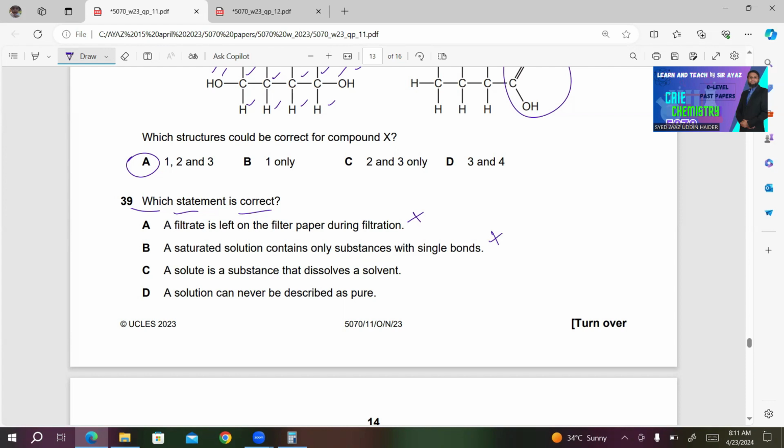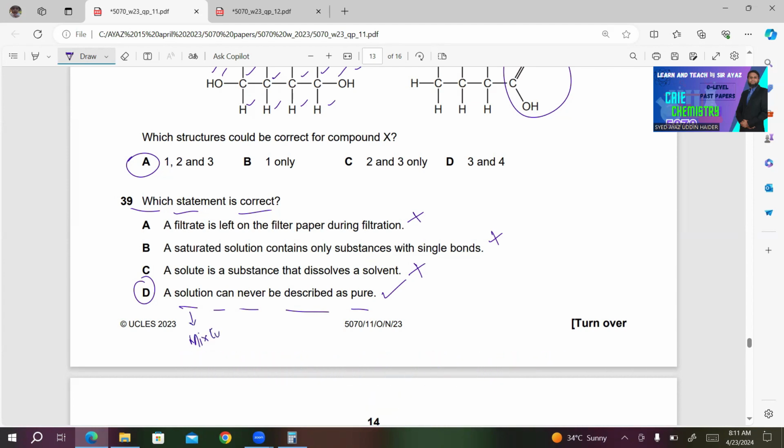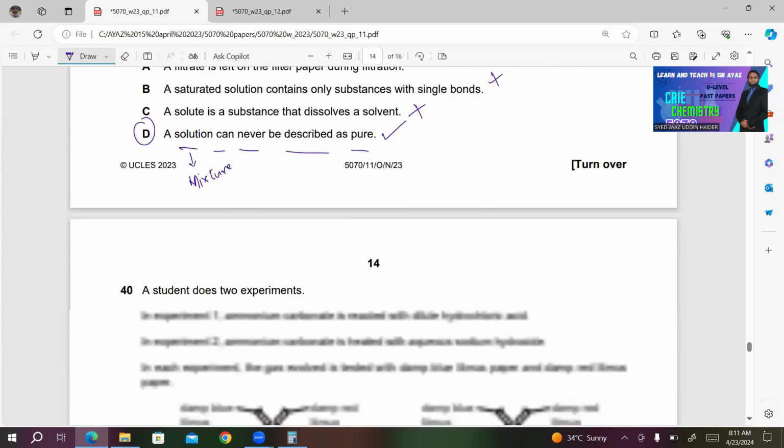C, a solute is a substance that dissolves a solvent. This is wrong. A solvent is a substance that dissolves a solute. Only D is left, which is correct. A solution can never be described as pure. Yes, this is correct because a solution is a mixture, so it's not a pure substance. Last one.